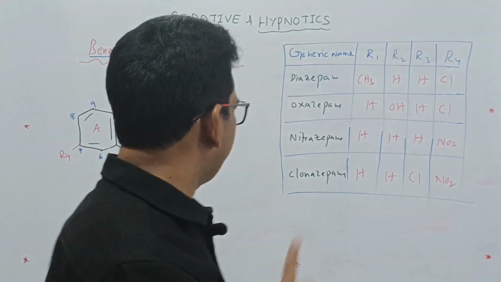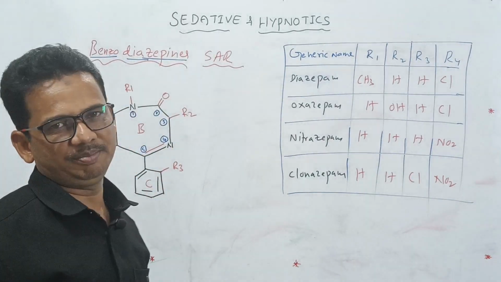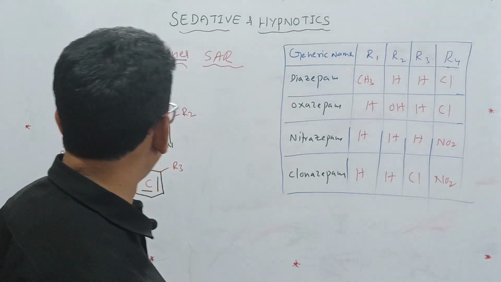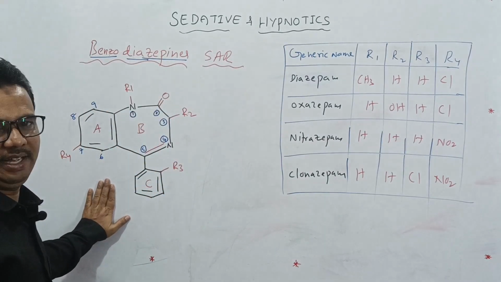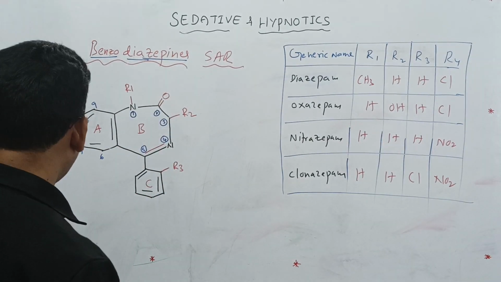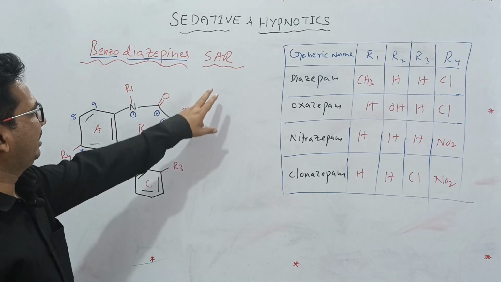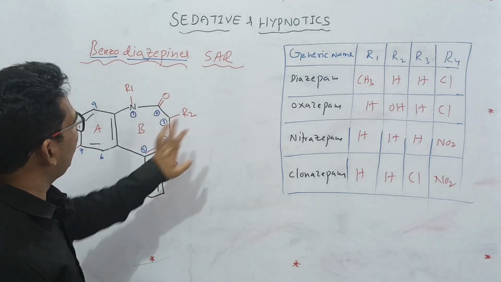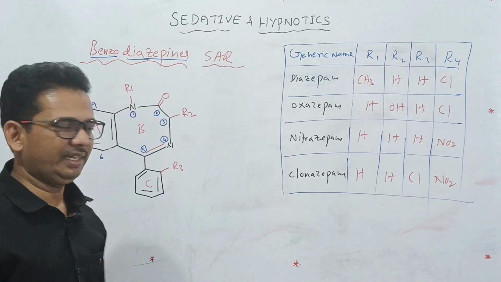In that class also again these benzodiazepines will come. Okay, don't be confused there. Now we are going to discuss the SAR. What is the SAR exactly? What is the relationship between structure and activity? All this will be sedative hypnotic only.